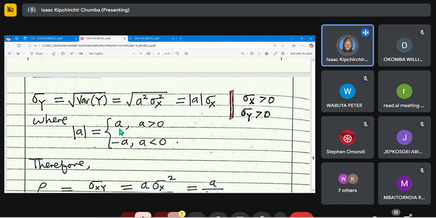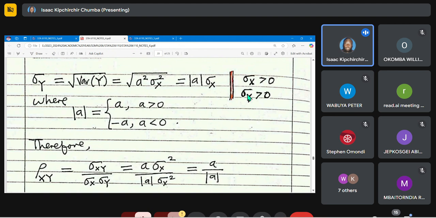If a is positive, it will just be a. But if a is negative, this mod a is minus a. So that will ensure that our sigma y is positive. We are not about to break the rules. We have said standard deviation is always taken to be positive. It is never negative. So that is how we write it.